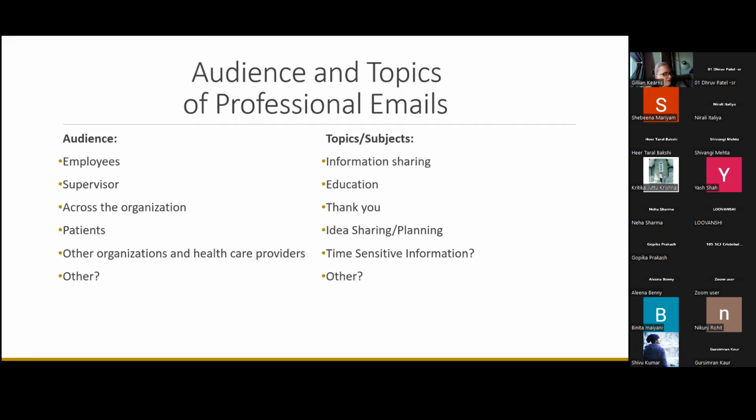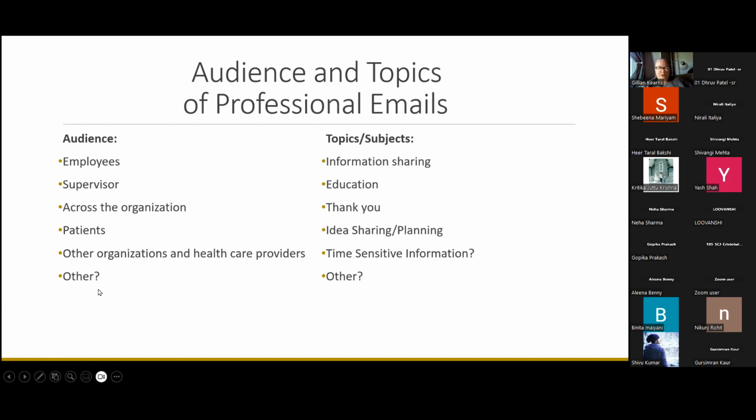So when you're writing emails, you have to think of who you're writing it to. What's your audience? Are you sending emails to employees of yours or your supervisor? Are you sending an email across the organization? Are you sending it to clients or patients, other organizations or healthcare providers, or other stakeholders, or are you sending emails to the funder, the person that's funding your organization?